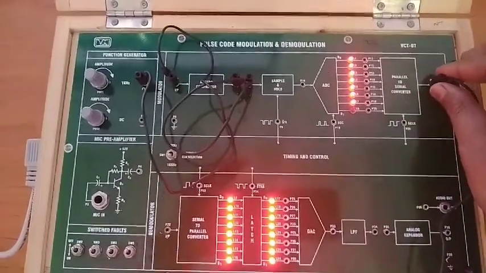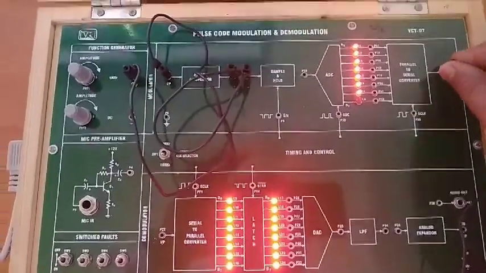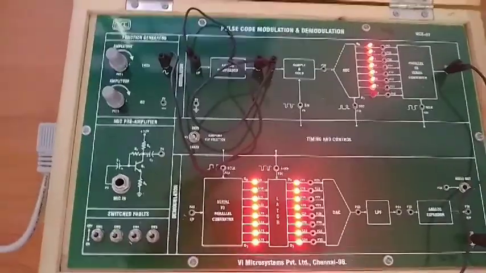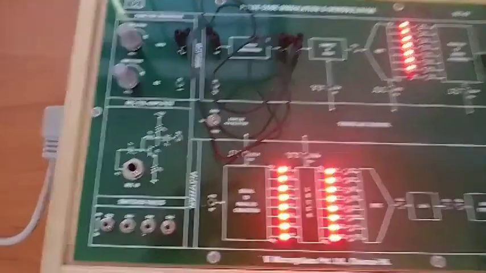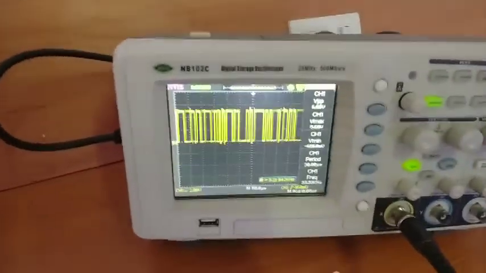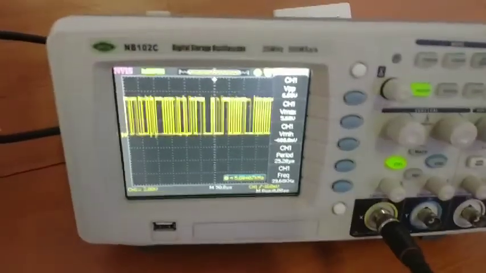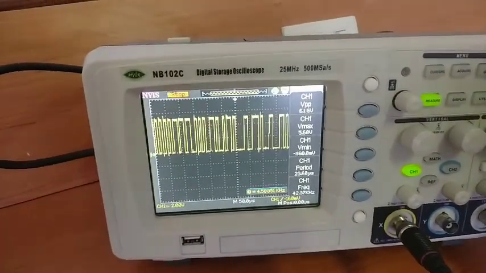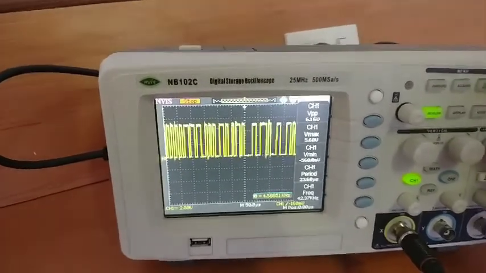Next, we are going to connect to the modulated output at port 21. In this we can measure the actual modulated output of PCM. You just check with the DSO, and you can get an idea about its output. You stop the process, and you will get a random pulsated output.